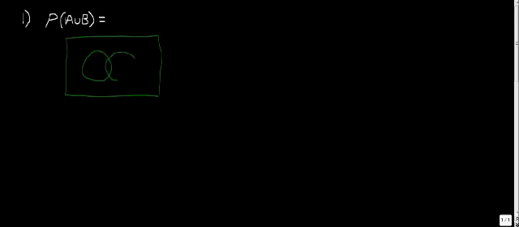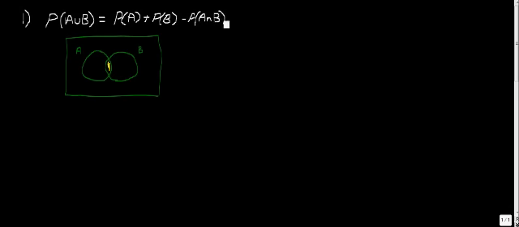So our Venn diagram has to look like this, where this is event A and this is event B. So the probability of A union B is the probability of A plus the probability of B, but then this middle section has occurred twice because it's in both A and B. So we have to take that away, minus the probability of A intersecting with B.